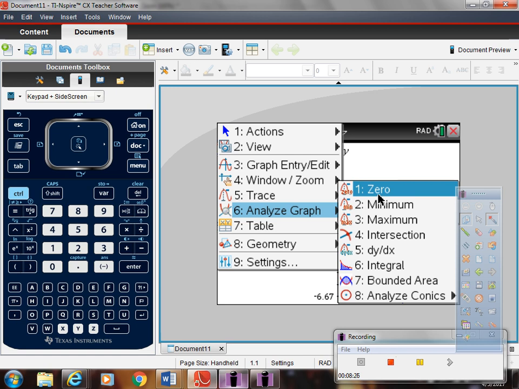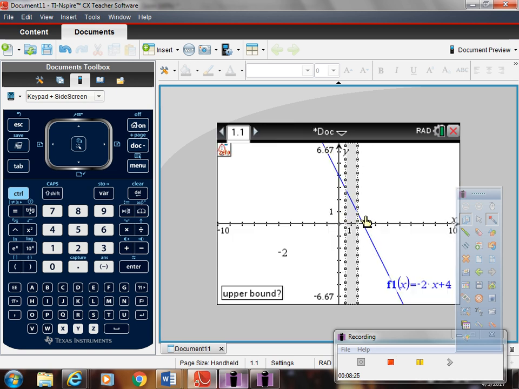Sometimes they call them roots, x-intercepts, and solutions. So if you notice, 0 is there because that's another word for x-intercept. So when they want the x-intercept, you need to remember that 0 is what they call it in the calculator. And look, there it is right there.